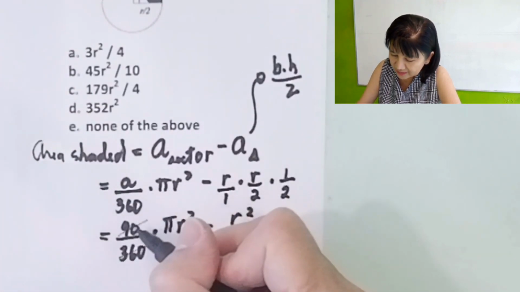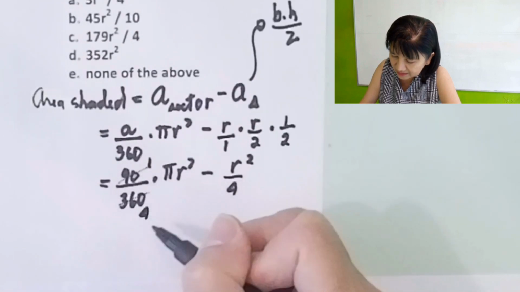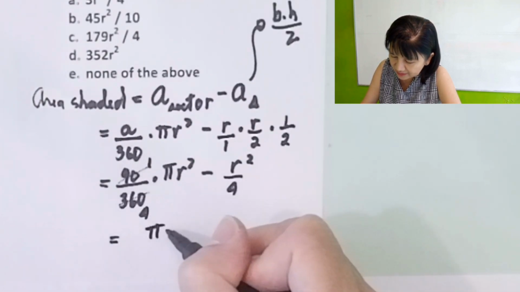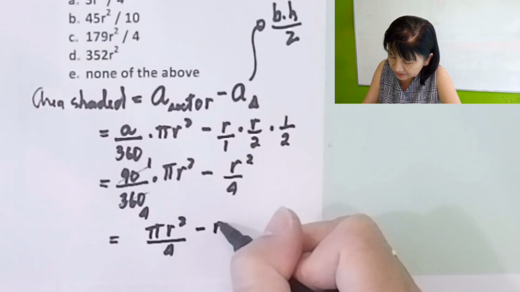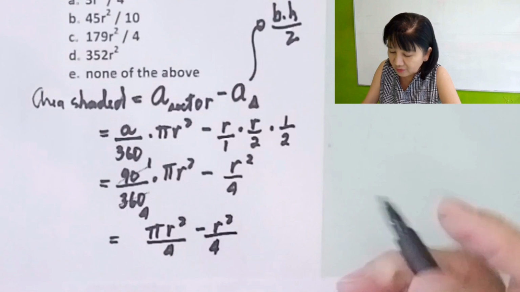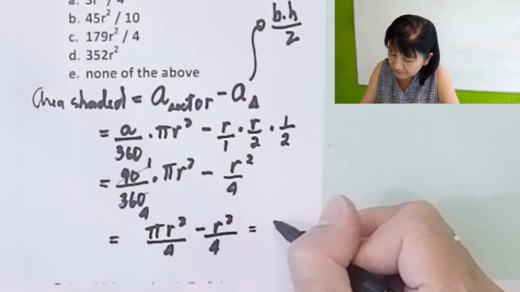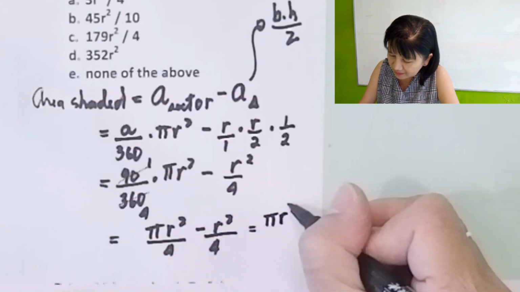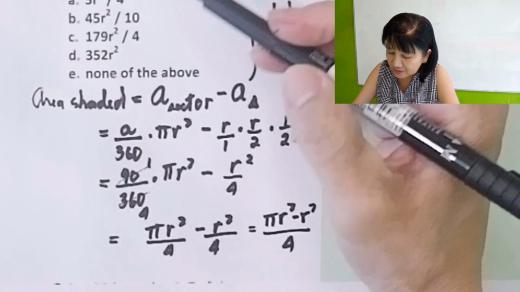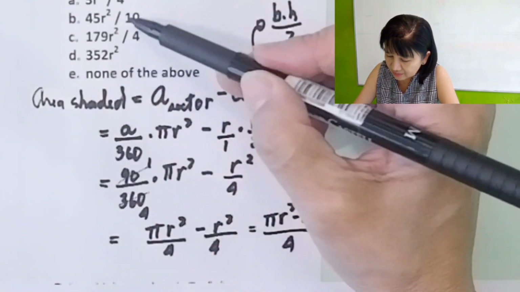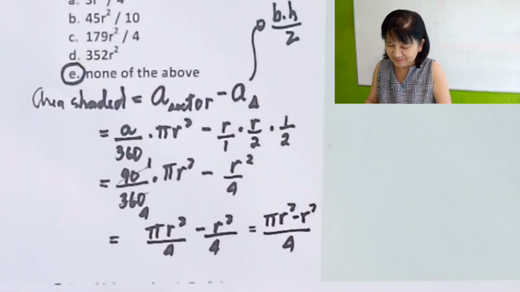So you have here 90 divided by 90 is 1, 360 divided by 90 is 4. So we have pi r squared all over 4 minus r squared all over 4. Since the denominators are both the same, you can write this as pi r squared minus r squared all over 4. So the correct answer is, oh, it's not here. So the answer is letter E.